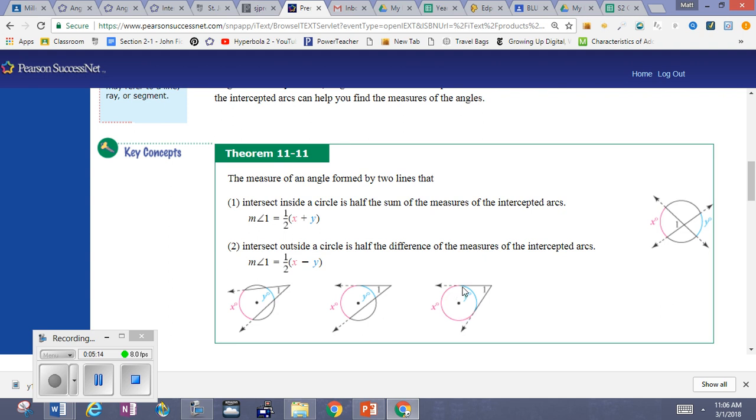So if X is 240, Y is 120, and 240 minus 120 is 120, cut in half, and that's angle 1. And that's going to be the nature of the problems we're going to see. So that'll do it for this.